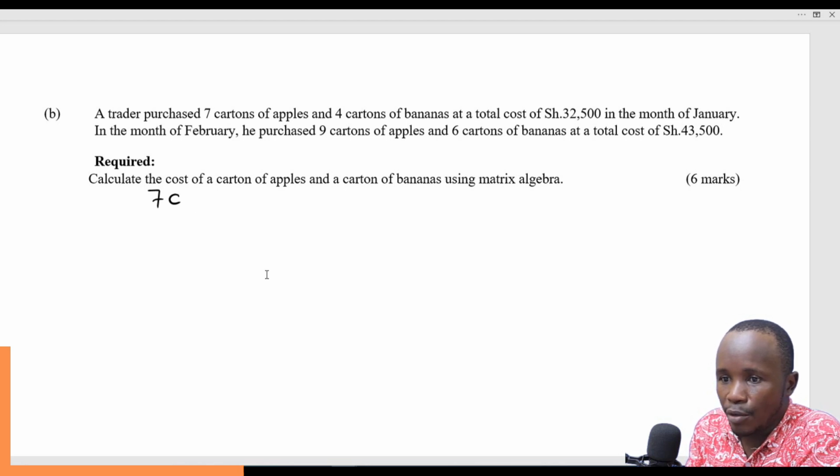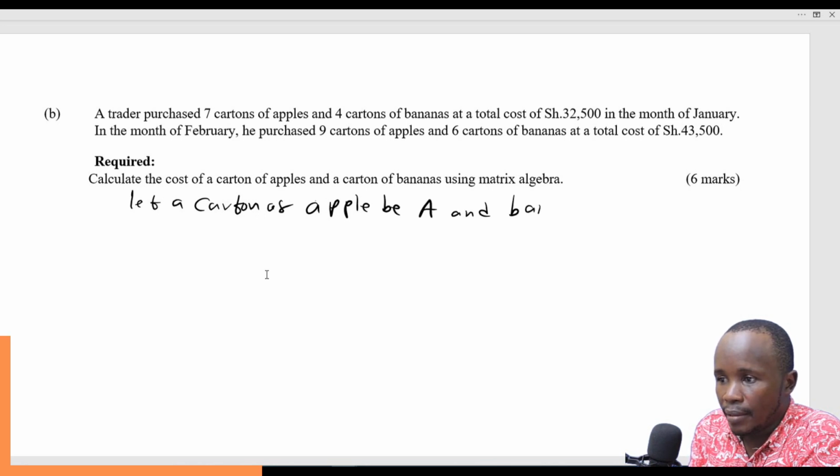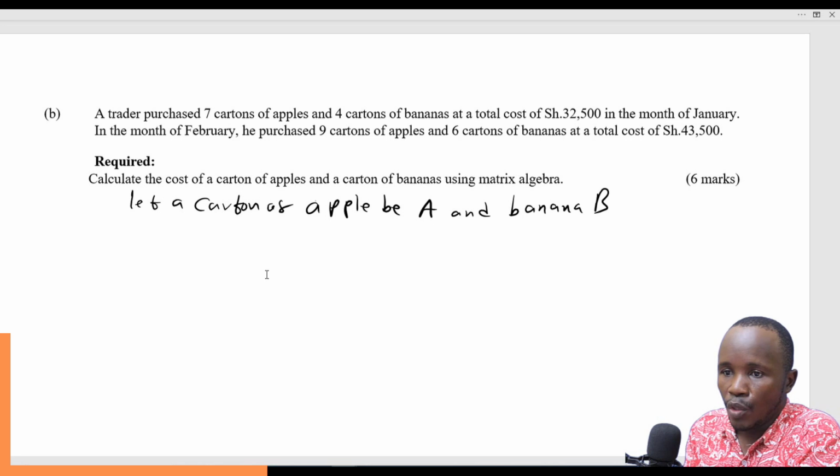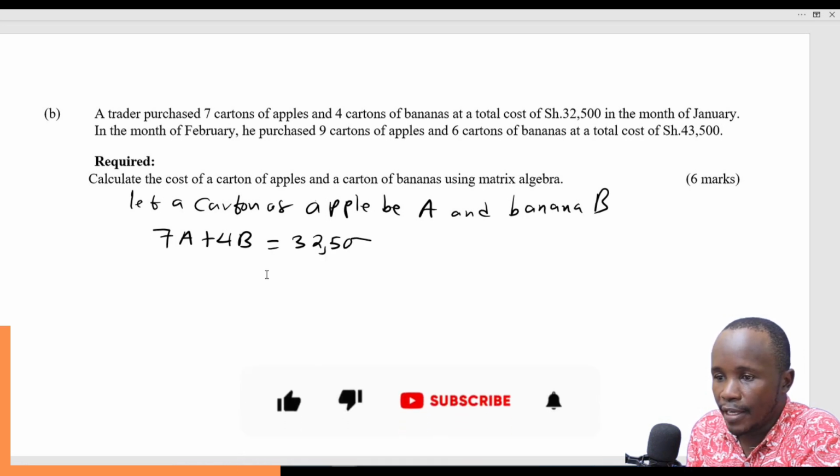Let a carton of apple be A and a carton of banana be B. So here we shall have 7 cartons of apples, 7A, and 4 cartons of banana, 4B, and the cost here is 32,500.